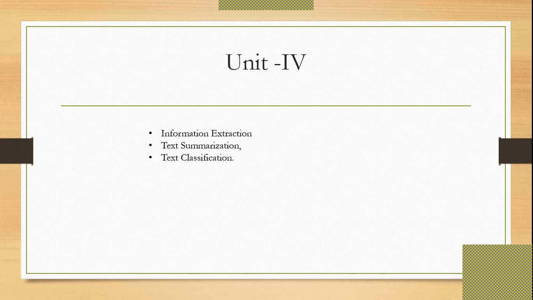There are different methods we will see in this unit. Once you extract that data, you will get a lot of information in text format. The next task is to find out some important information through text summarization, so you have to summarize whatever you extracted from online.